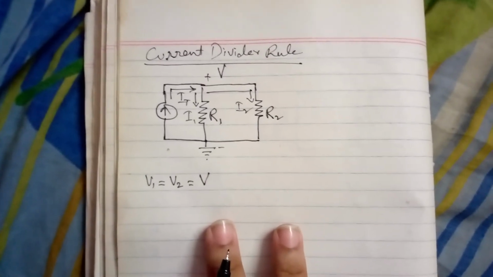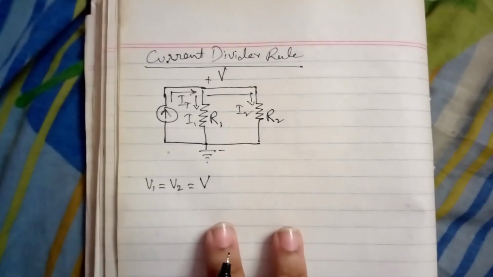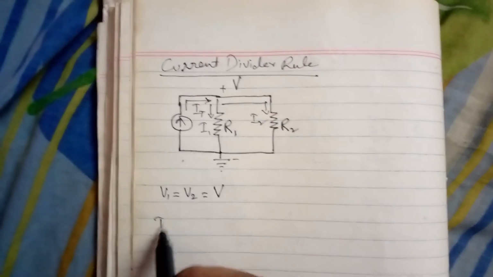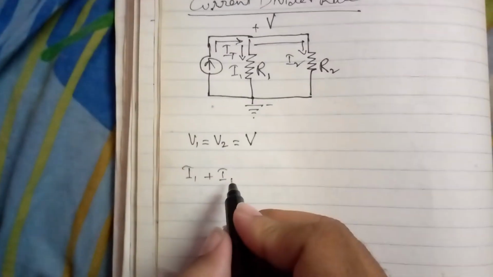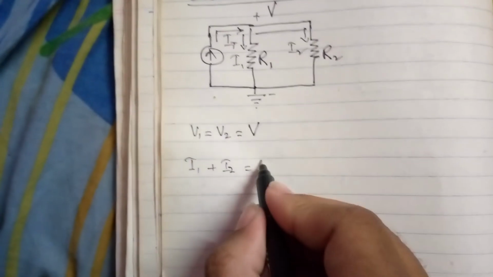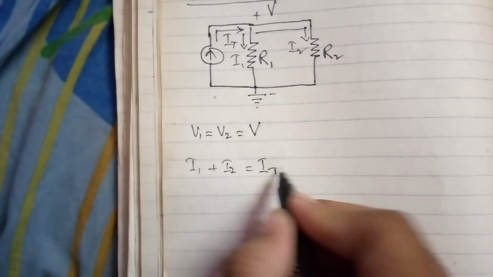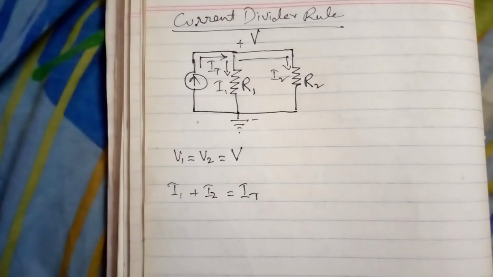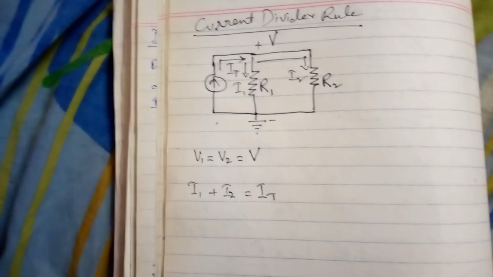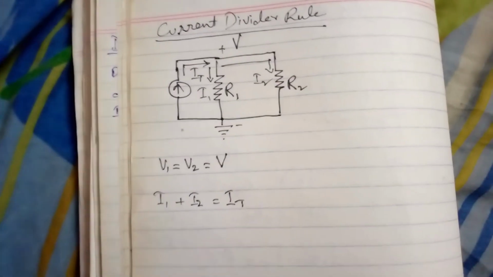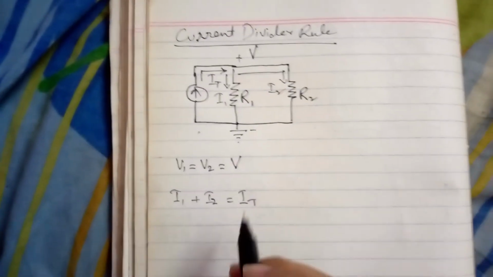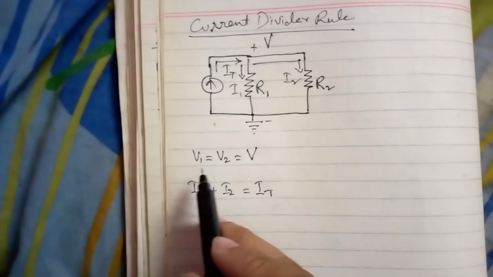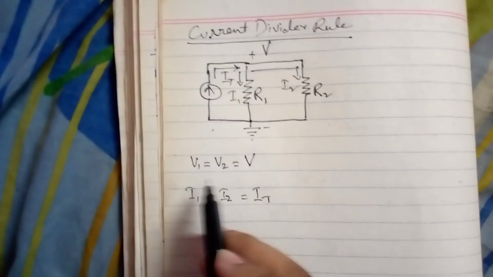Sum of these both currents will be equal to total current IT. So I1 plus I2 is equal to IT. Now you can take any combination from these two combinations.